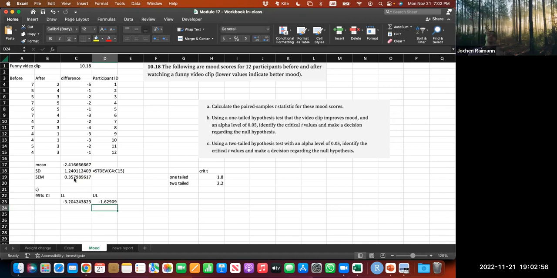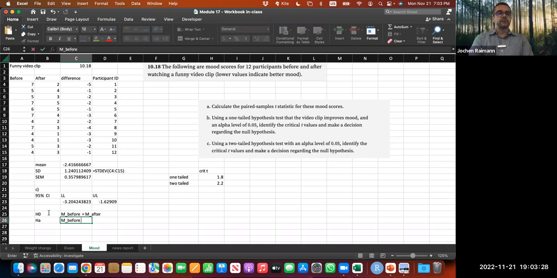What do we conclude? If the 95% confidence interval does not include 0, what's the logical interpretation of this? Exactly, we're rejecting the null hypothesis, because our null hypothesis for a two-tailed test is H0, that mean before equals mean after, whereas HA is that mean before is not equal to mean after, in either direction.